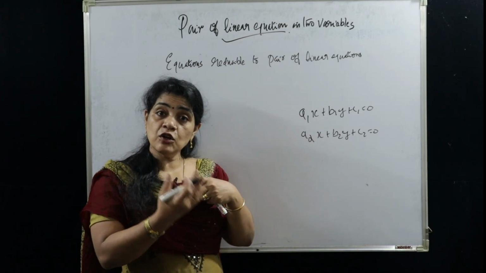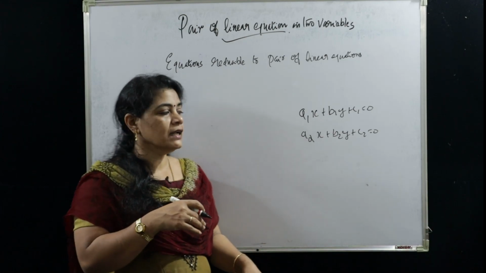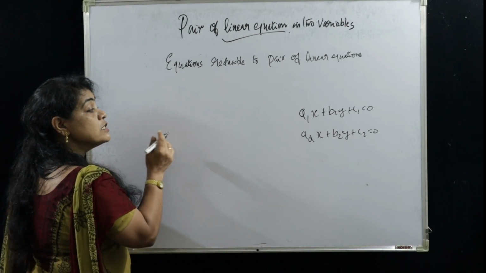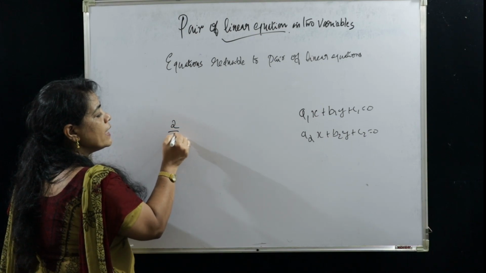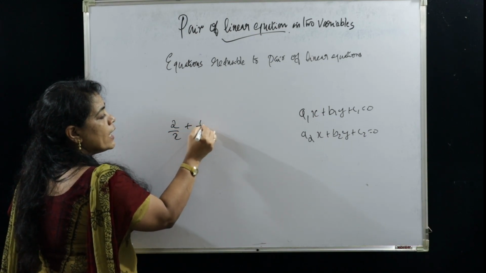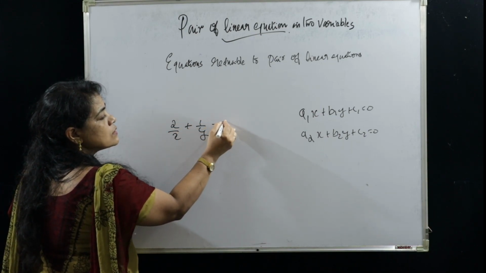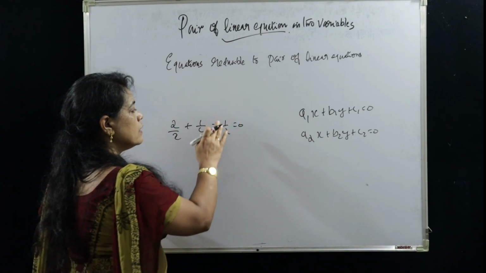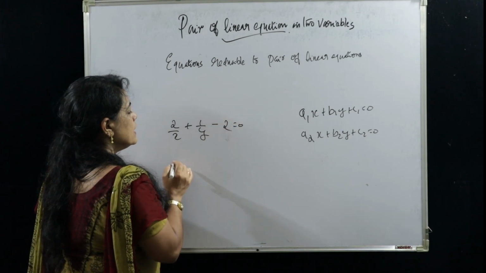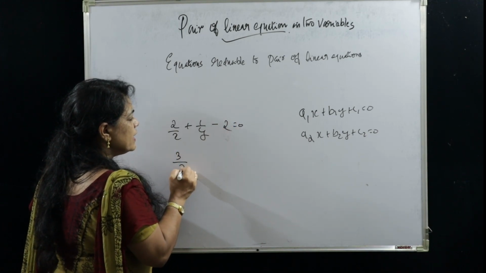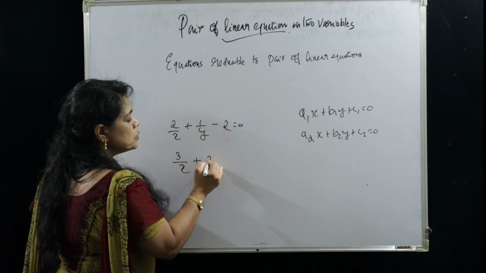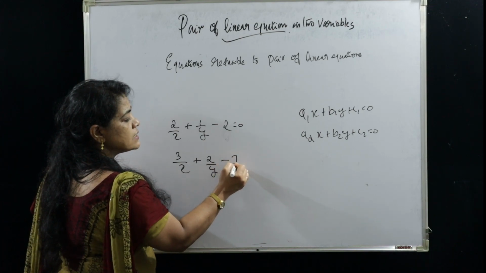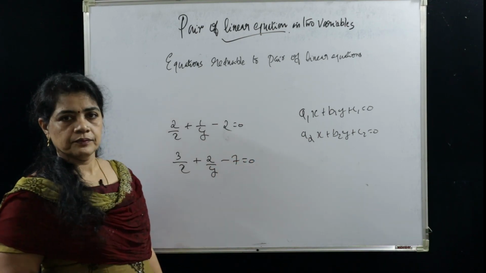But instead of that, the pair may be given in this form: 2 by x plus 1 by y minus 1 by 2 equal to 0, and here 3 by x plus 2 by y minus 7 equal to 0.